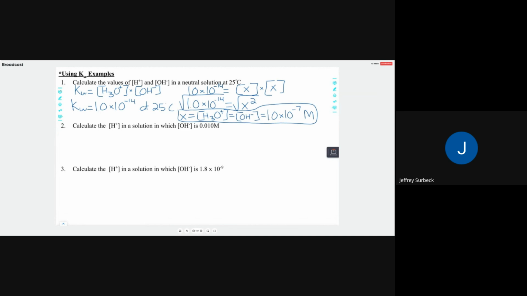Okay, so question number 2 here says calculate the H plus, which just as a reminder, it's H plus or H3O plus. So if you see me interchange that, they both mean the exact same thing. In something that has a hydroxide or OH minus concentration of 0.01.